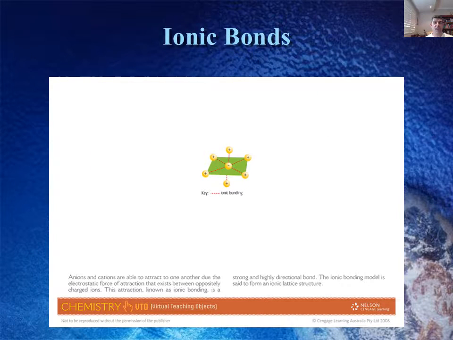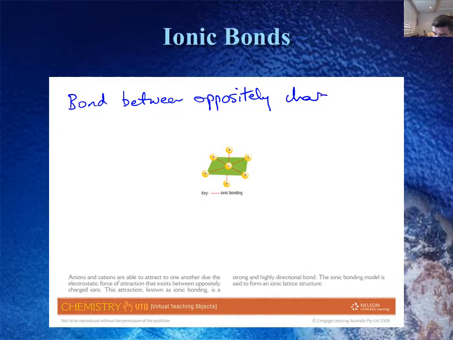And then just finally, a little bit of a starter look at ionic bonding. So an ionic bond is a bond between oppositely charged ions. Positive ions are called cations, and negative ions are called anions.